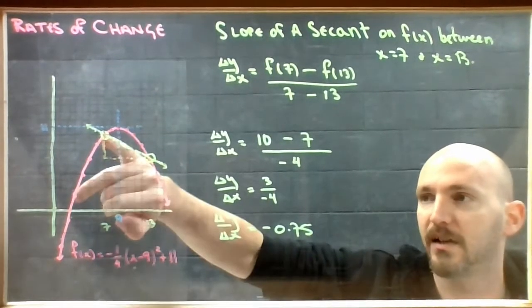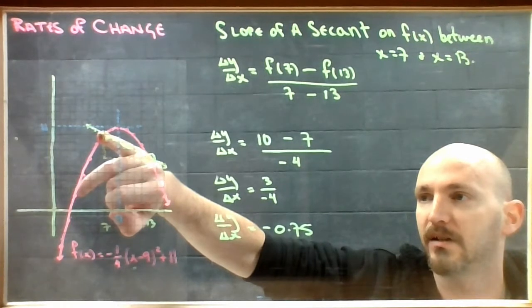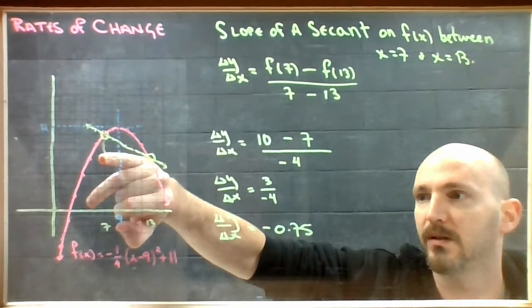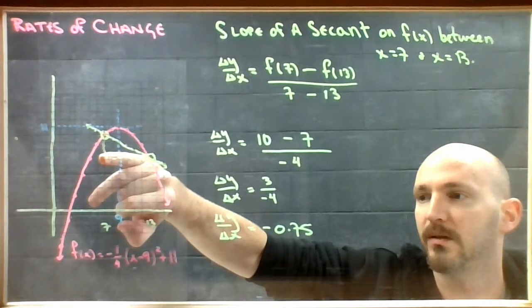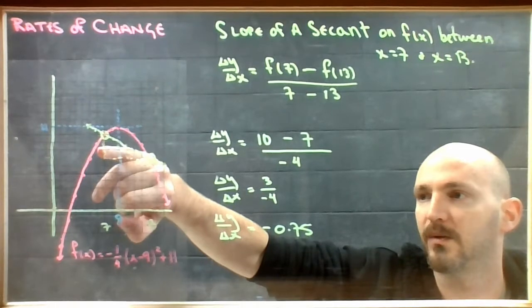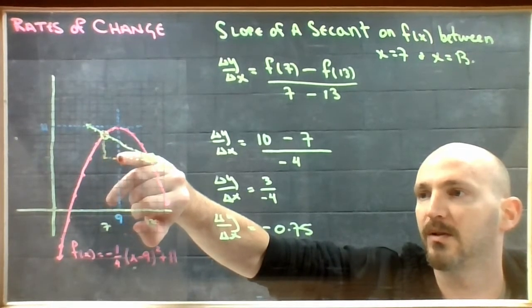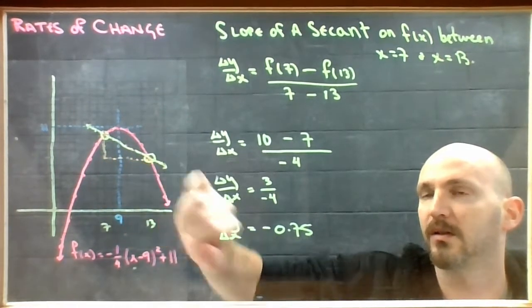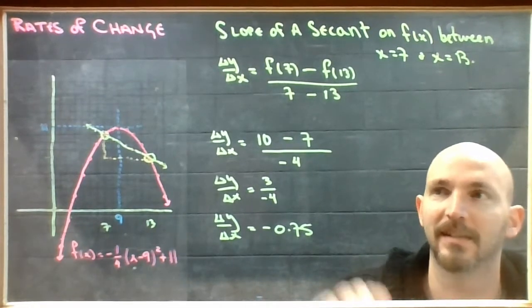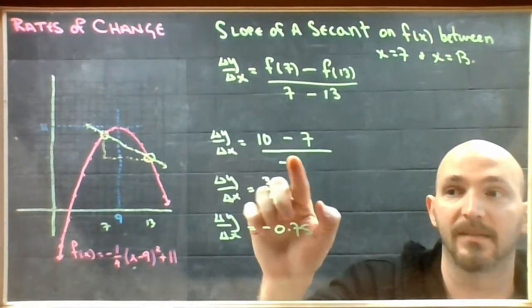And if we check here, this thing drops 1, 2, 3, and over 1, 2, 3, 4. 7 minus 13 is -6.